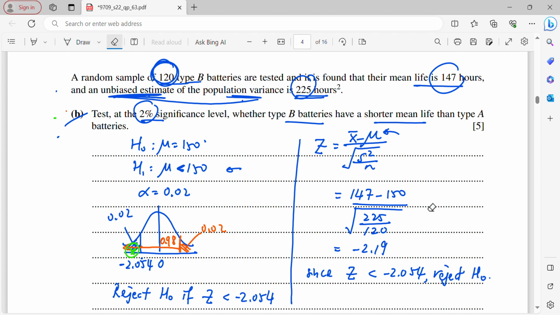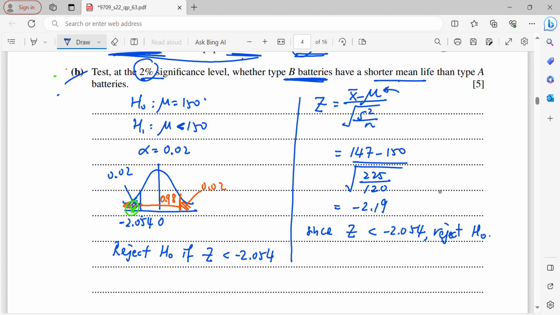So when we reject H naught, what is the conclusion? The conclusion is based on whether type B has a shorter mean life than type A. Since we have rejected H naught, it looks like we are supporting this, which means there is sufficient evidence to conclude type B battery has shorter mean life than A.